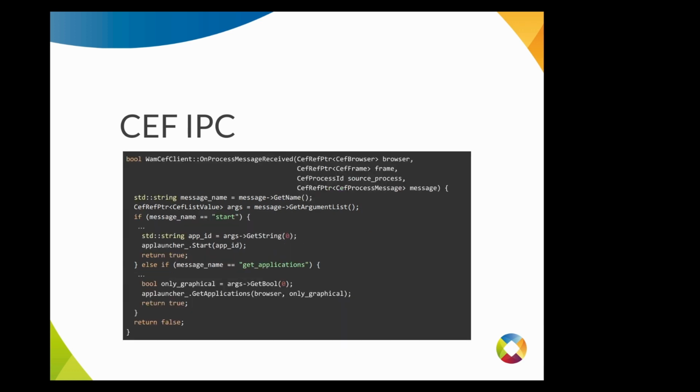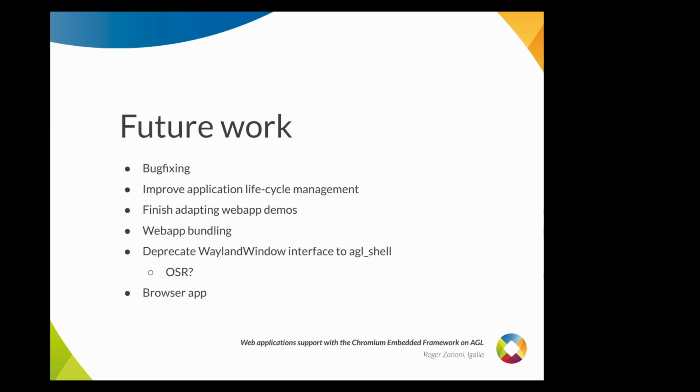And on the browser process side, when we receive an IPC message from the renderer, we check what the call was, and then we either start an application or get the applications list using the gRPC interface with the app launcher service. And that was basically it.